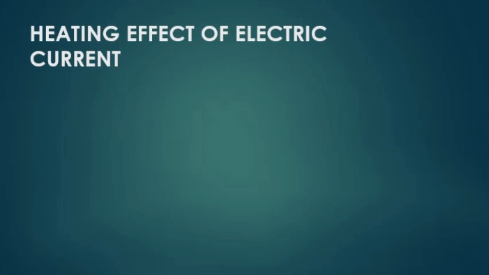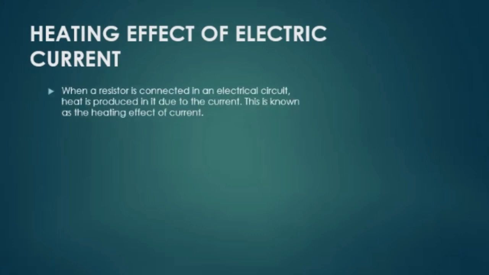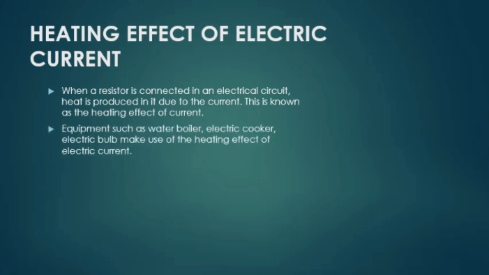And in physics, there are wide applications for the heating effect of electric current. When a resistor is connected in an electric circuit, heat is produced in it due to the current. This is known as the heating effect of electric current.